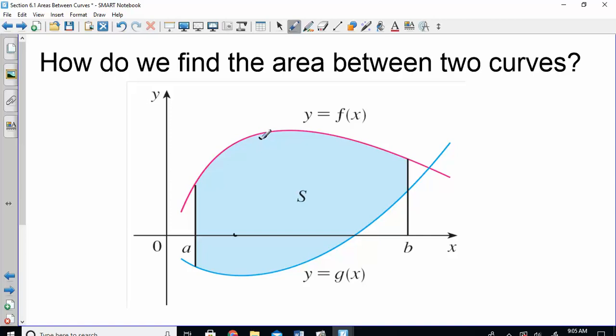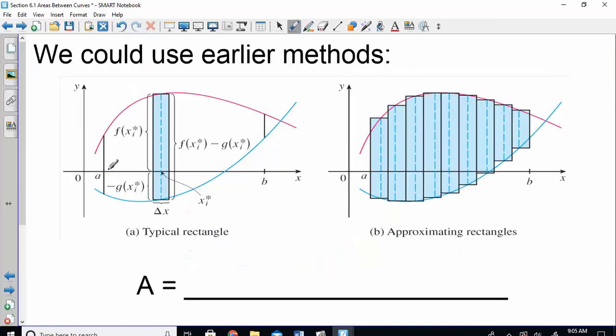Well, if we think about it different ways, we could go back and do the original idea where we made up all these rectangles and added up the areas of the rectangles. And we know that if we wanted that to be accurate, we had to do the limit as the number of rectangles went to infinity of the sum from 1 to n.